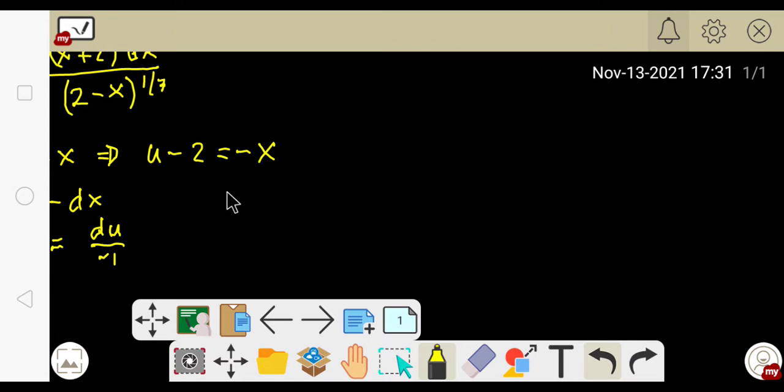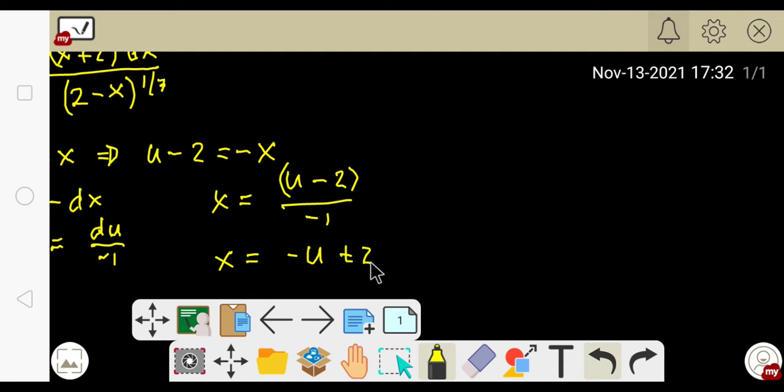Now we have x is equal to (u minus 2) over negative 1, or our x is equal to negative u plus 2.